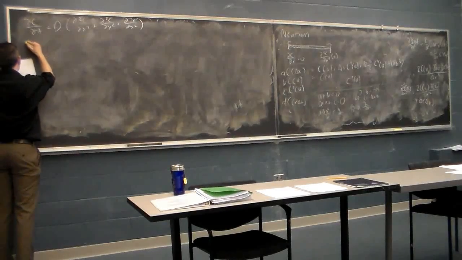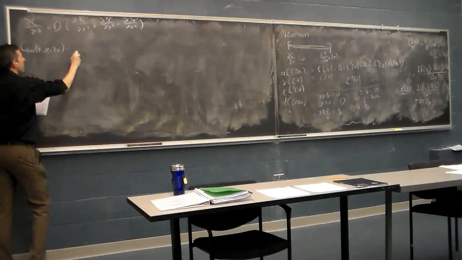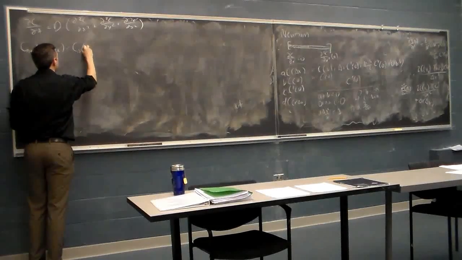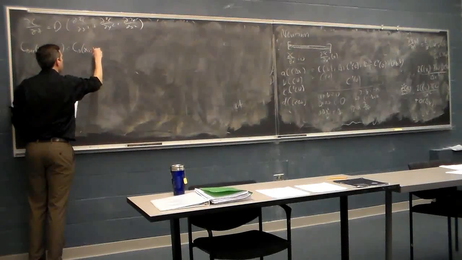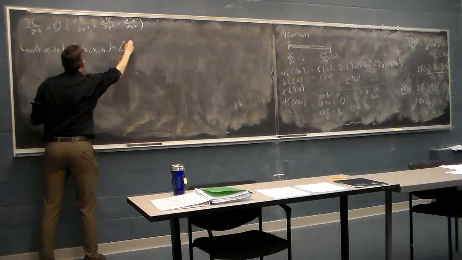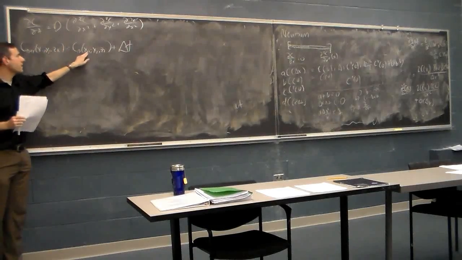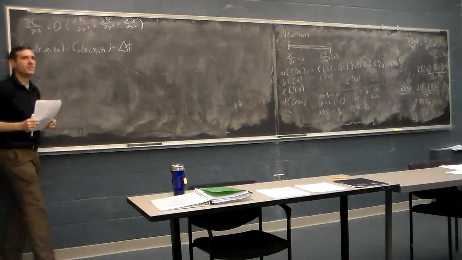So we can say that c sub n+1, now at the spatial point xi, yj, zk, is given by c sub n at xi, yj, zk, plus delta t times the approximation to the derivative at time point n and spatial point xi, yj, zk.